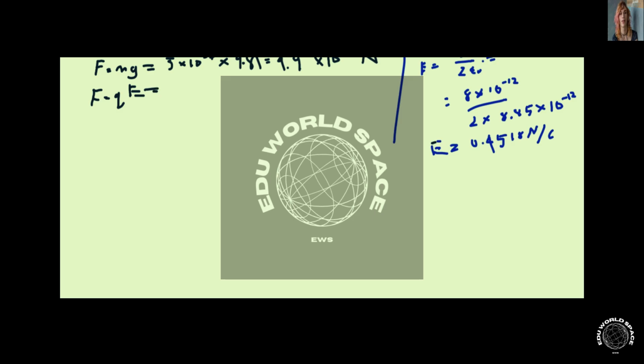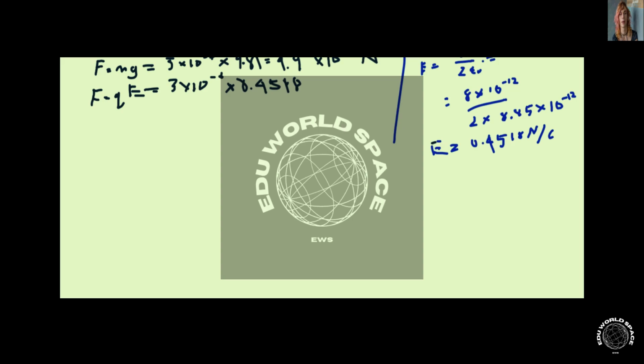So we know that the charge which is given to us is positive 3 microcoulombs, so it's 3 times 10 to the power -6, times the electric field strength that we just calculated, which is 0.4518. So if you just put that into a calculator, we're going to get that. Let me just compute this one real quick, since I have not pre-done this.